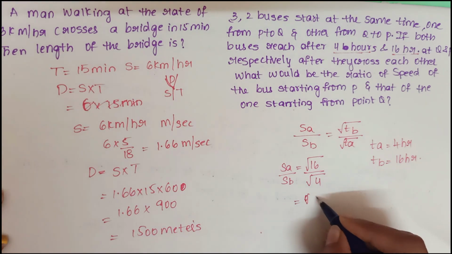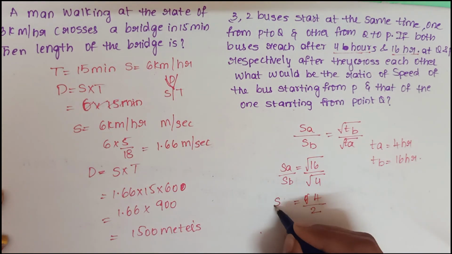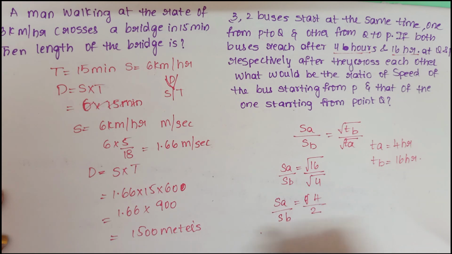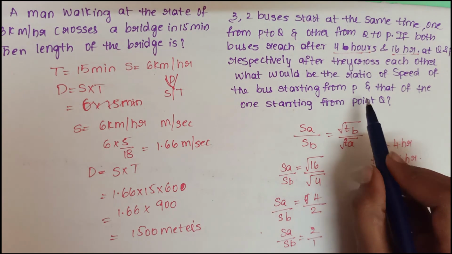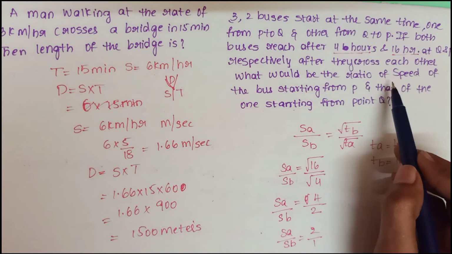Root 16 means 4, by 2. So SA by SB is equal to 2 by 1, where the ratio is 2 is to 1. So this is the ratio of speeds, 2 is to 1.